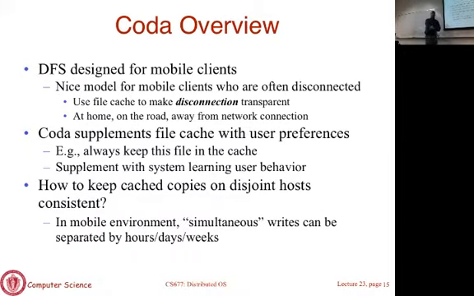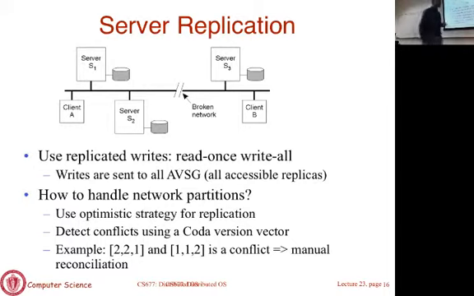Also, there are lots of issues here to work with. The basic assumption is that the network can get partitioned. Machines can disconnect from the network, but you still want the ability to access files. The way you do this is replication. You keep a cache, you replicate the files in the cache, and then you allow the users to access the files.